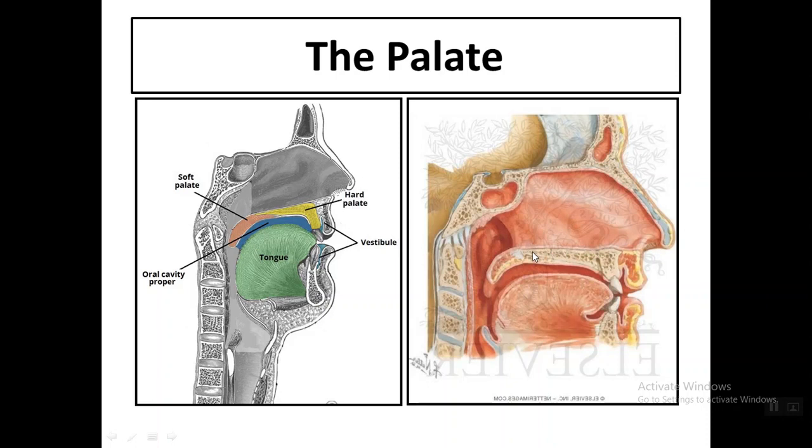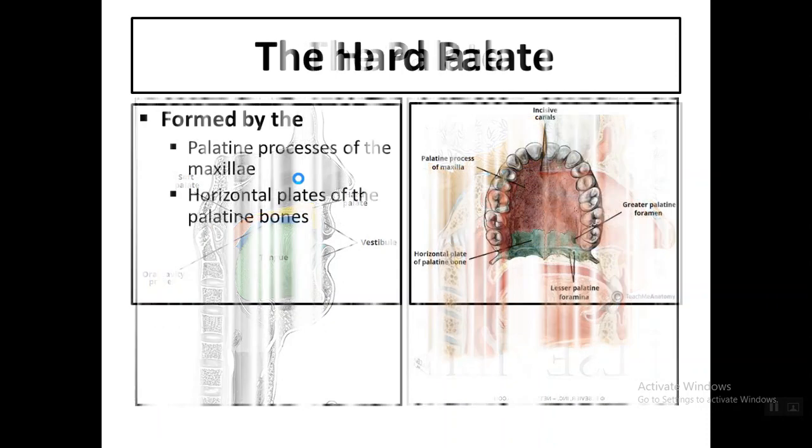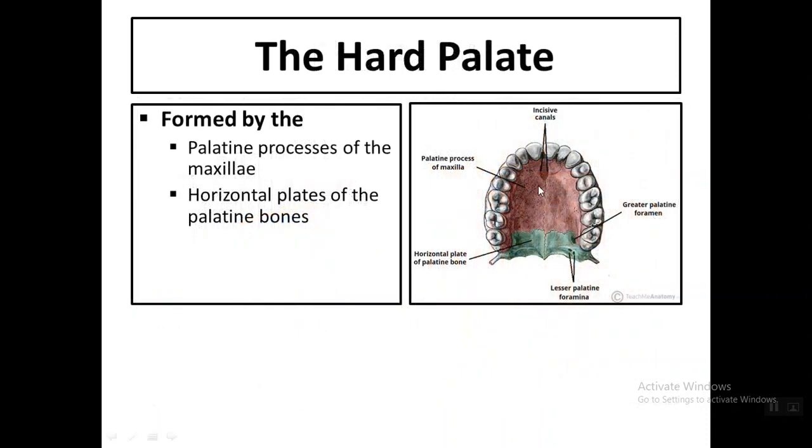This is the hard palate formed by the bone, and attached to its posterior end is the soft palate. The hard palate is formed by the palatine process of the maxilla anteriorly. Posteriorly it is formed by the horizontal plates of the palatine bone.